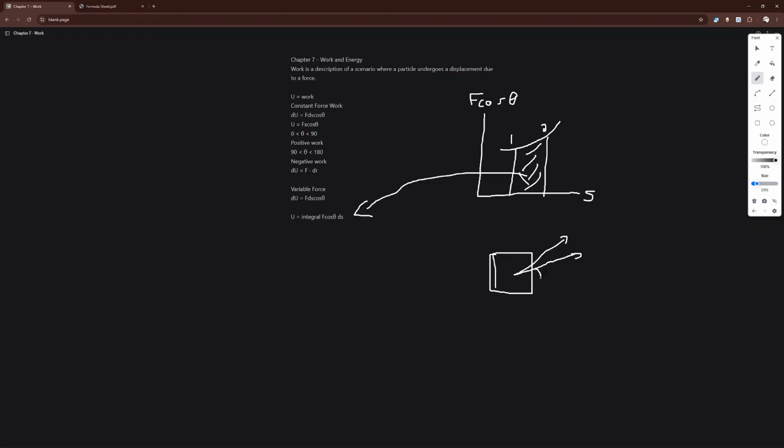Which means your theta goes from this to this, if that makes sense. Anyways, this is S1 and S2 down here. I wrote the points there. So, area under this graph gives you this integral, which gives you work from points 1 to 2.